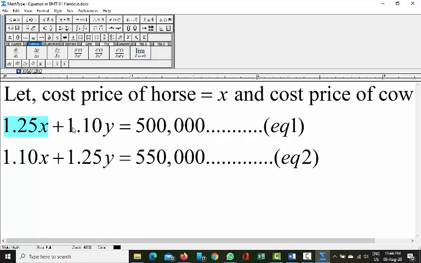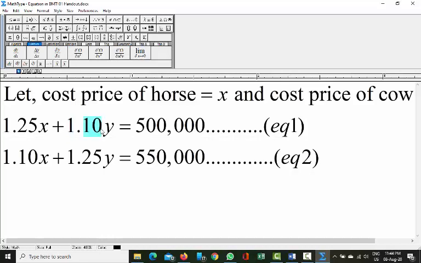Suppose the cost of the cow is 1 taka. With a 10% profit on the cost, you make a 10 paisa profit.